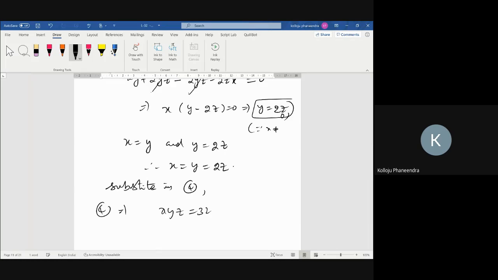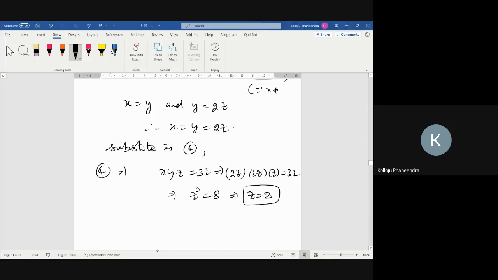Xyz equal to 32 implies x equal to 2z, y equal to 2z, z is z, equal to 32. Therefore 4z cube equal to 8. So the z value is 2. When z is 2, x and y are both 4. These are the dimensions.